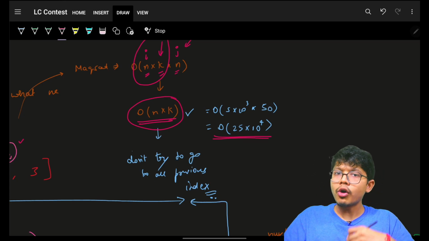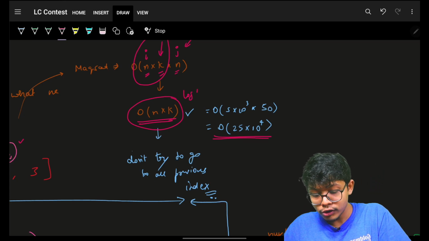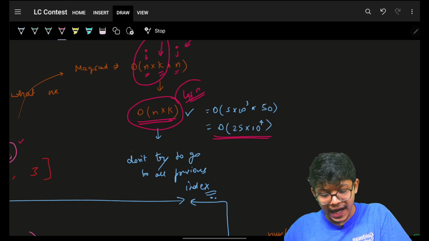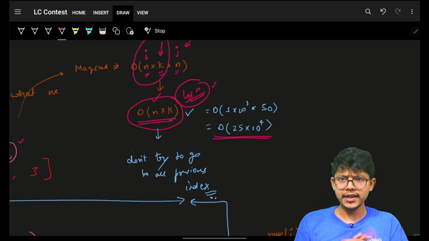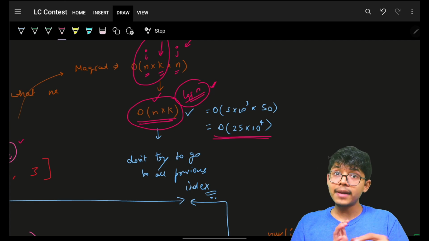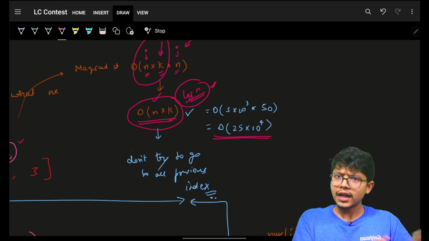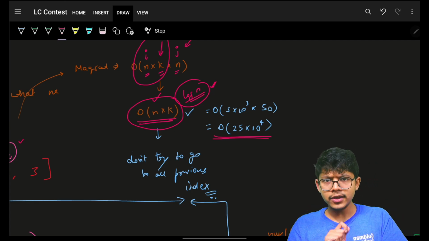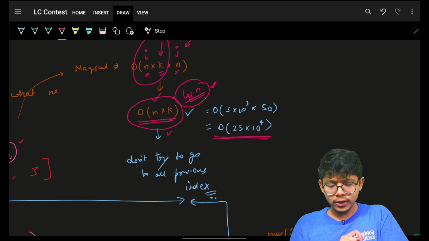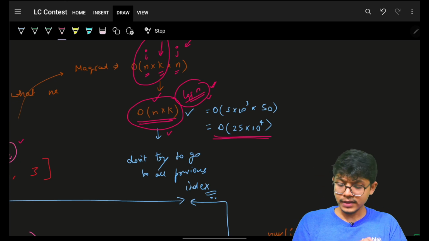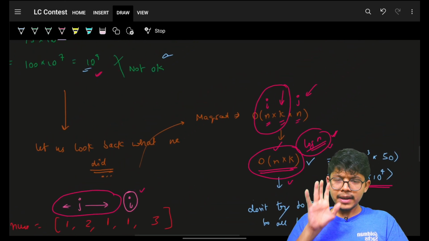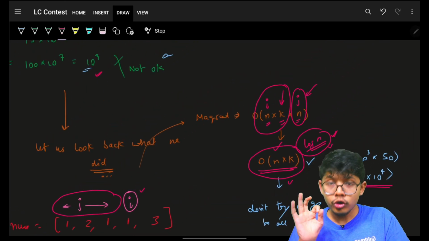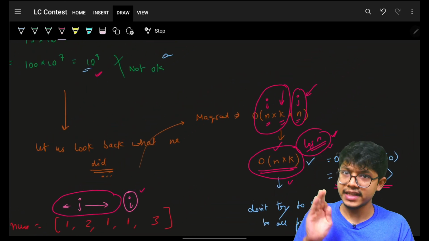I can also factor in a log n, which means along with this O of n into k, I can maybe apply a segment tree kind of approach. I know O of n into k and O of n into k log n both will work. But anyway, my main aim was that I cannot afford to go onto all the previous indexes.